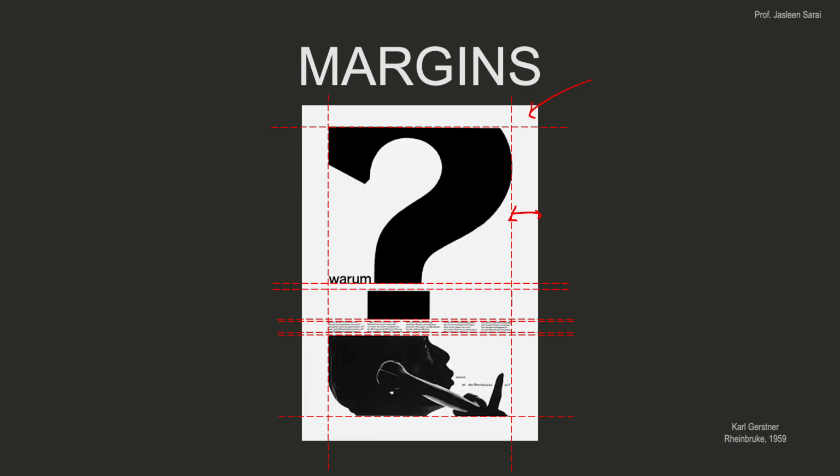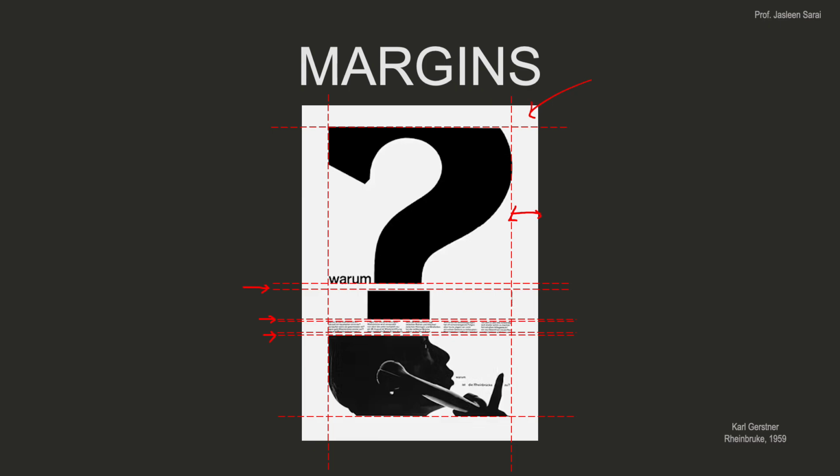Okay, and then you have more margins, and it falls into the same thing as alignment as well, where you have some thinner margins between images and text, maybe a thicker margin, and aligning things to existing lines within your objects, right?